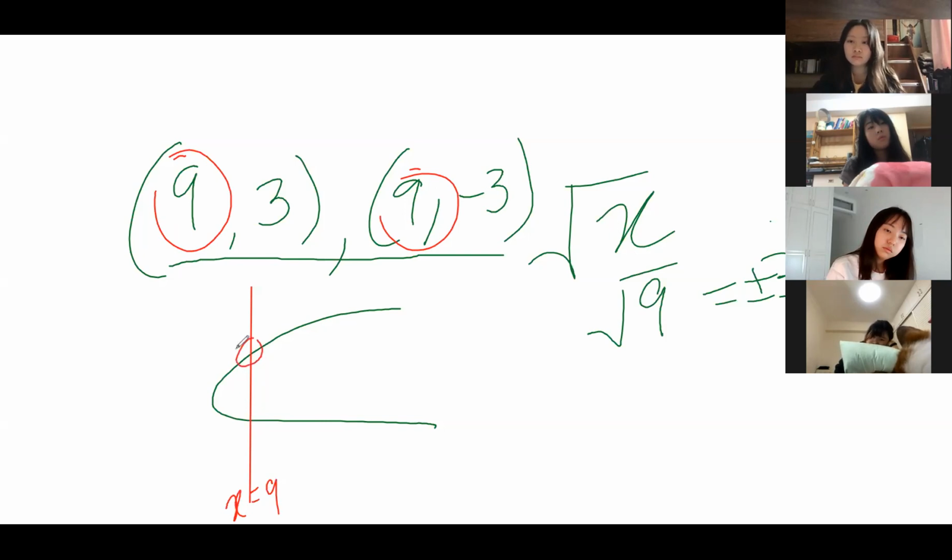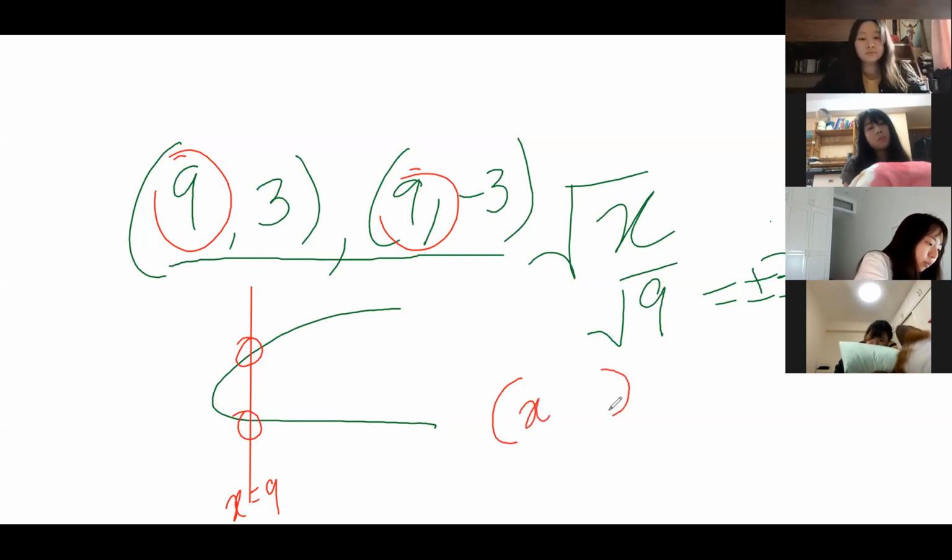Then this is plus 3, this is minus 3, which is wrong. So that's why we keep saying you cannot have these two ordered pairs such that you have the same x value and different y values. This is wrong.